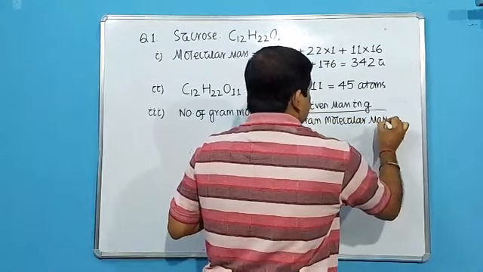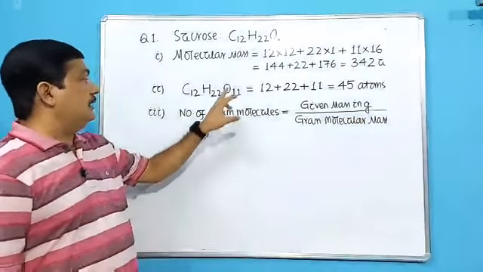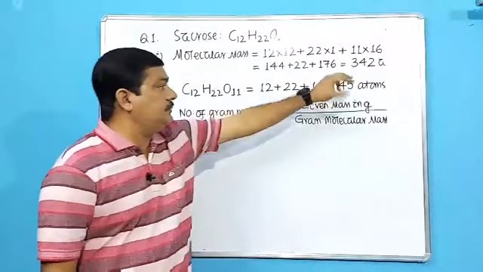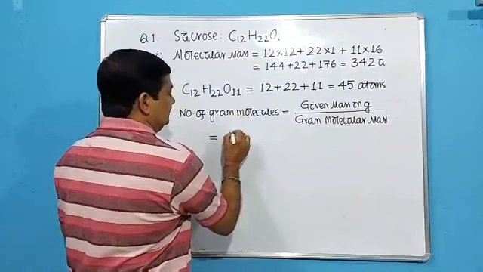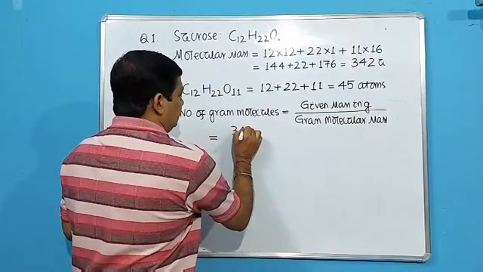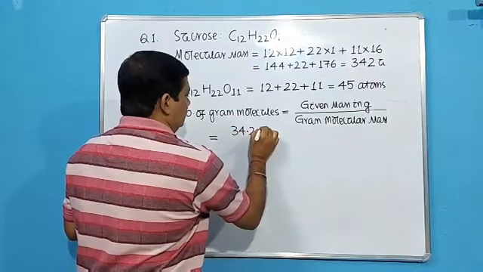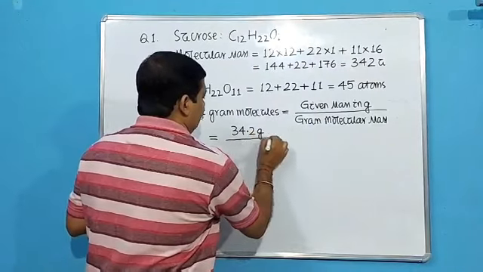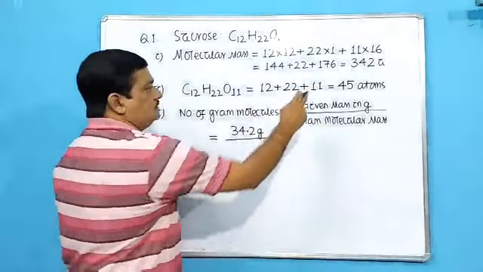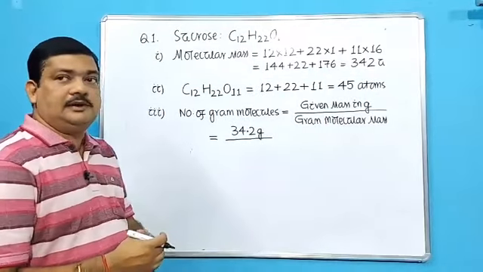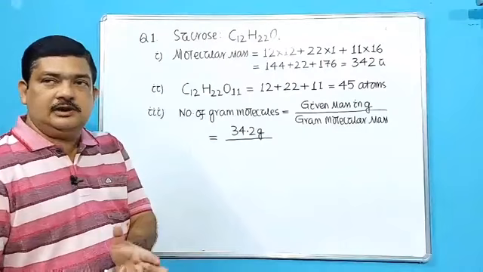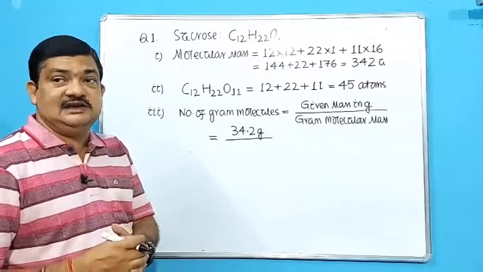So what is the molecular mass of sucrose? 342 U. Now the given mass is 34.2 gram. So 34.2 gram divided by the gram molecular mass of sucrose. The molecular mass of sucrose is 342. What will be the gram molecular mass? We'll remove U and add gram.